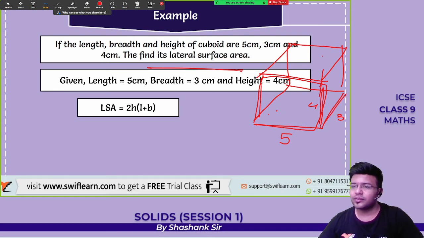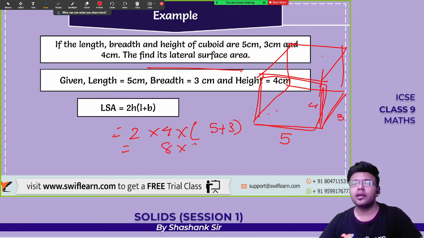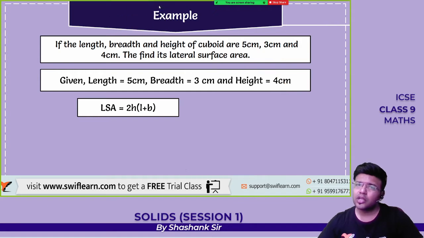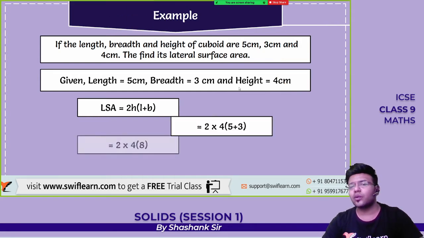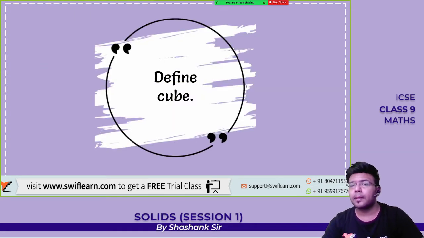And 3 into 4, that is also 2 times. So 2h is common. We have 2 times h, which is 4, into (length plus breadth), so 8 into 8 is 64 centimeter square. Area units are centimeter square, square units, and volume units are centimeter cube.